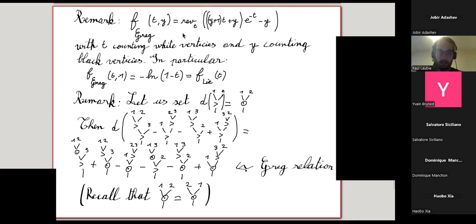With this formula, we may remark that if we set y to be equal to 0, the combinatorial interpretation is the same as forbidding any black vertex. We get the generating series of the rooted trees, so we get the Hilbert generating series of the pre-Lie operad.